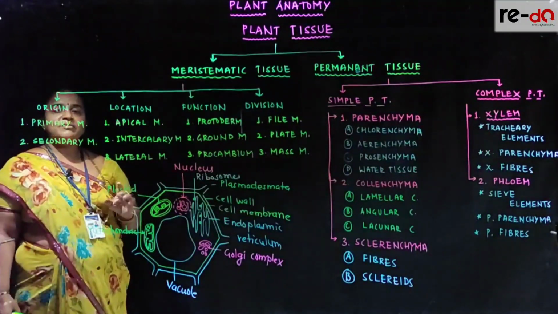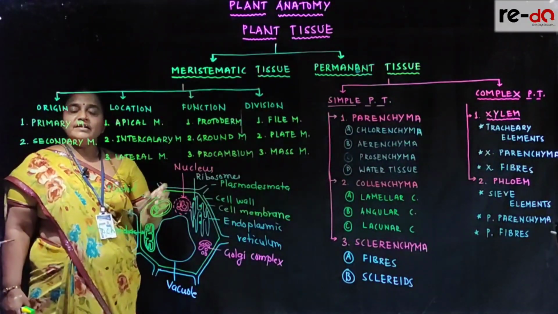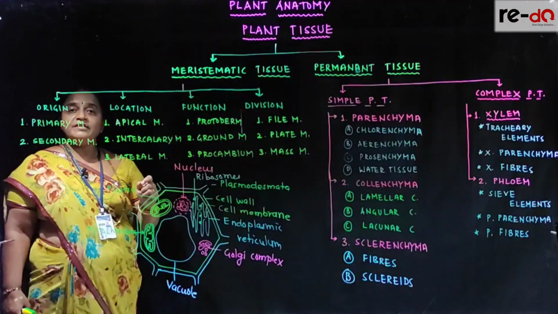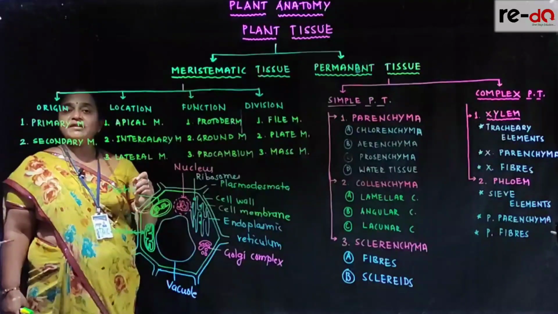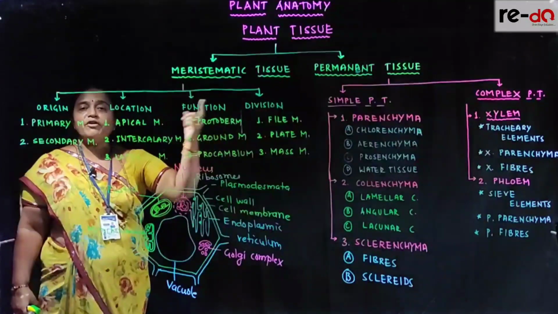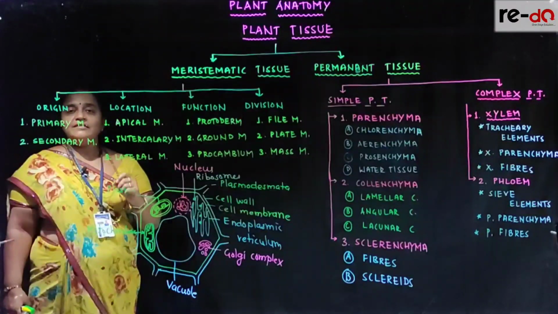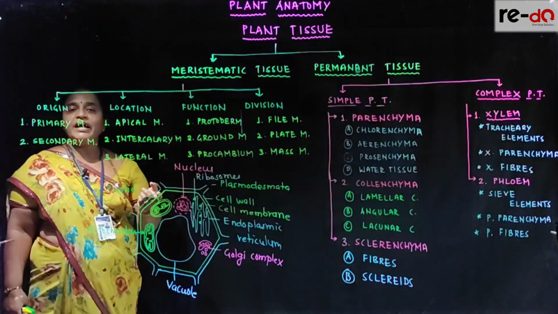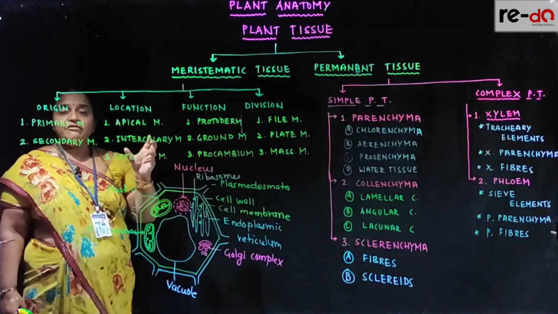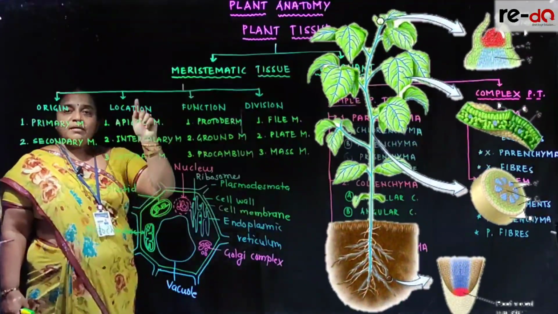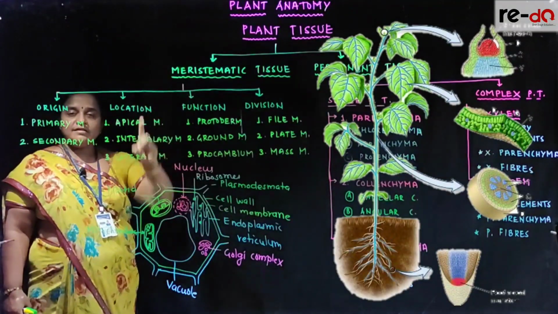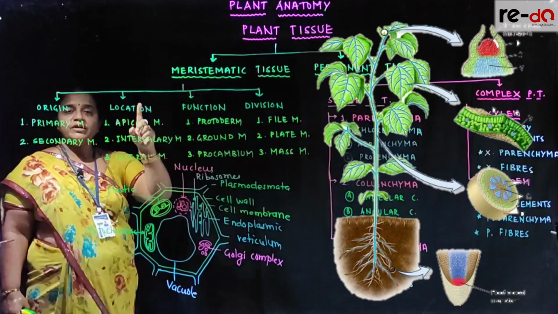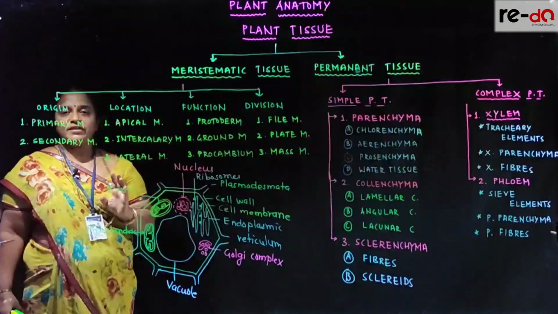So primary meristem is common in all the plants. They remain in embryonic phase right from birth till death of the plant body, while secondary meristem is developing from permanent tissue and it is more functional and found in dicotyledonous plants. If you look at the plant body, apex of the shoot and apex of the root, linear growth of the plant body is due to apical meristem.